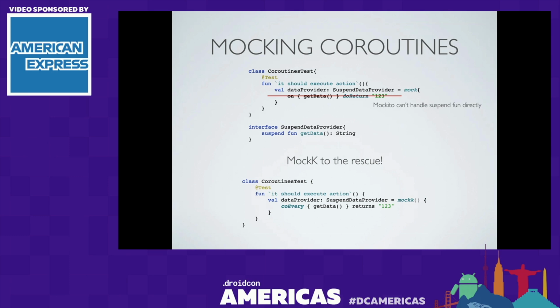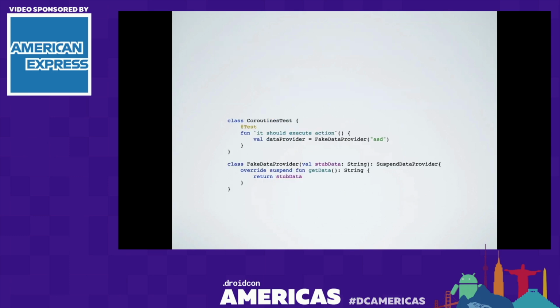But of course, there is another solution for mocking suspend functions: providing fakes. We can just create a lightweight implementation instead of relying on the framework. So every suspended invocation of getData will return something predefined, passed to our fake via the constructor.